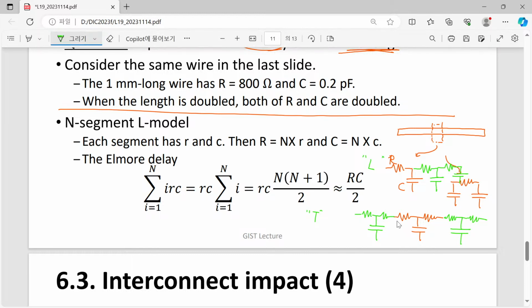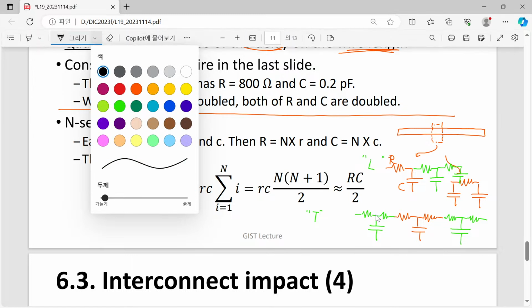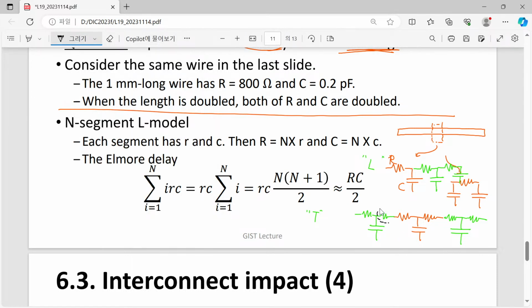So simply here you have serially connected resistances here and there. They can be equivalently modeled as what?